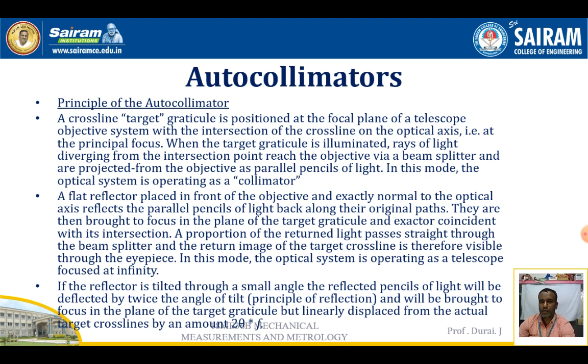The principle of the autocollimator: a cross-line target reticle is positioned at the focal plane of a telescope objective system, with the intersection of the cross lines on the optical axis at the principal focus.